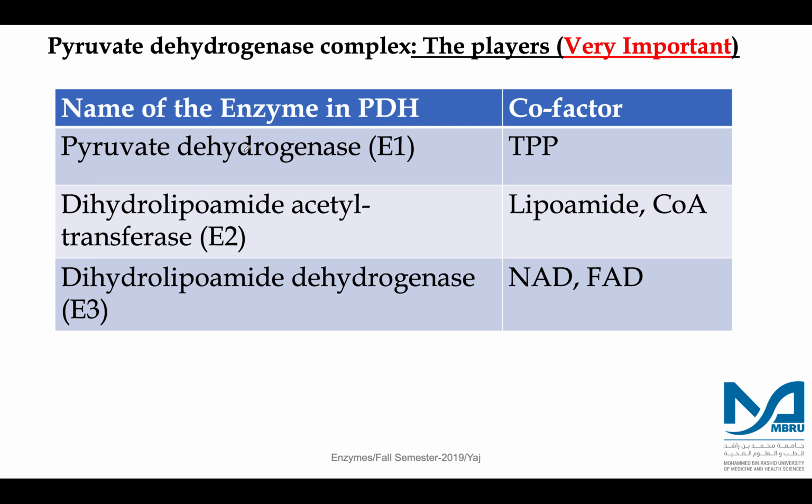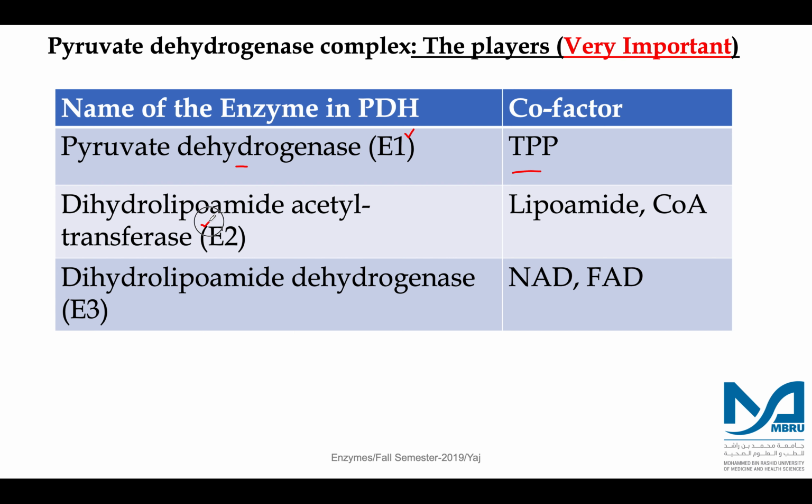Now, as I have mentioned here in the slide, this is one of the most important slides, and you need to remember each of the cofactors used by each of the enzymes present in the pyruvate dehydrogenase complex. The E1 enzyme is pyruvate dehydrogenase that uses TPP as a cofactor.